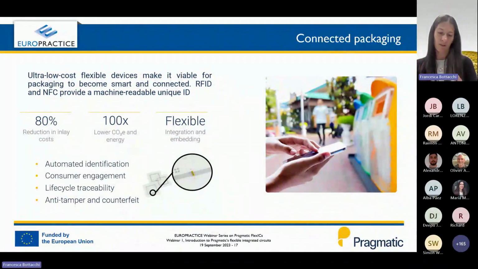This is a field where we are really focusing a lot in Pragmatic, to develop RFID and NFC tags, because we think that with the low cost of this technology and the flexibility, we can enable connectivity between every object, really, even the lowest cost coffee cup or plastic bottles that can be embedded with a tag, and they can connect with the external world.